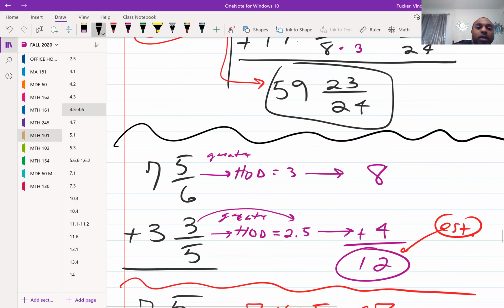Yep. All right. So once again, you take half of your denominator, which is 3, and you compare the 5 to the 3. Since 5 is greater than 3, that 7 will go to 8.